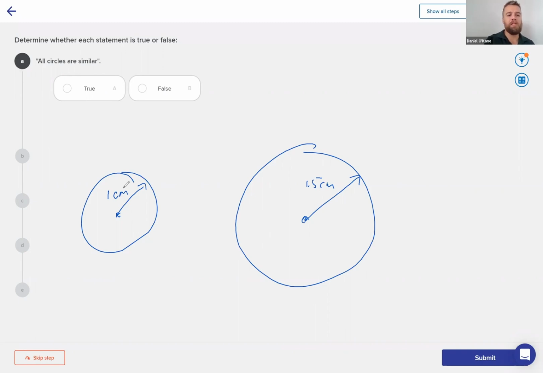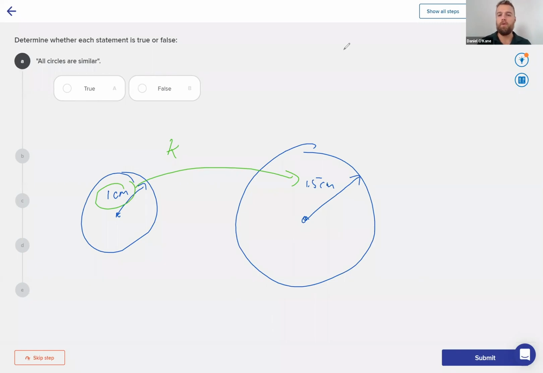Well, this radius can be multiplied by any scale factor to create another radius, right? Even if it was like 2 and 2.2, there's always a number you can multiply by 2 to create another number. So yes, all circles are indeed similar.